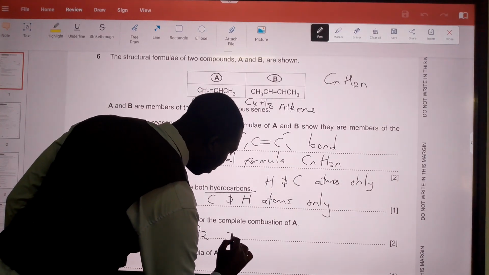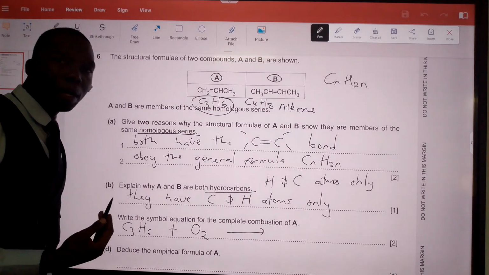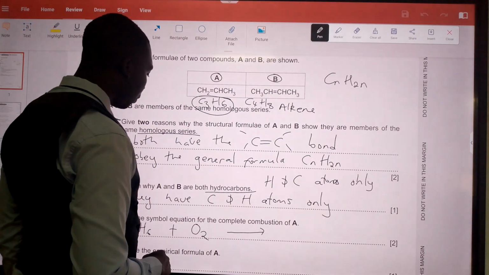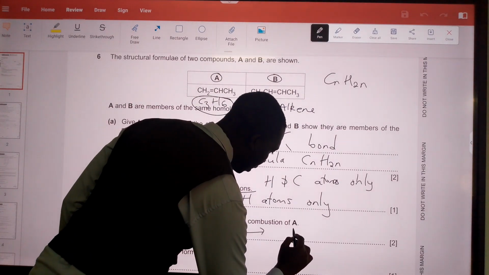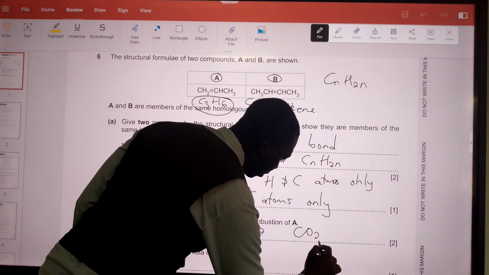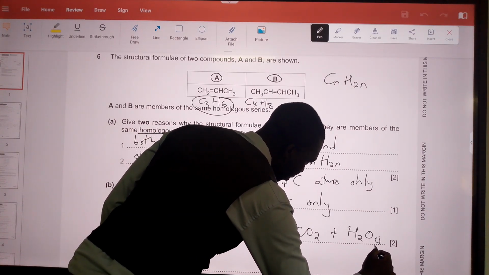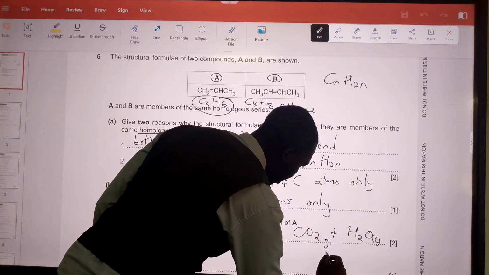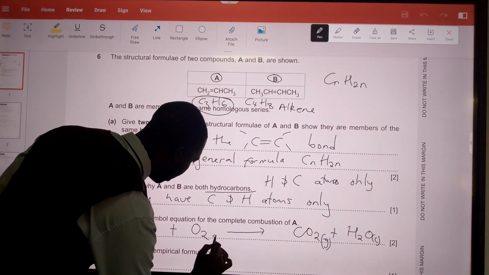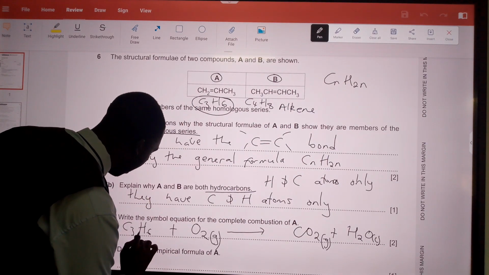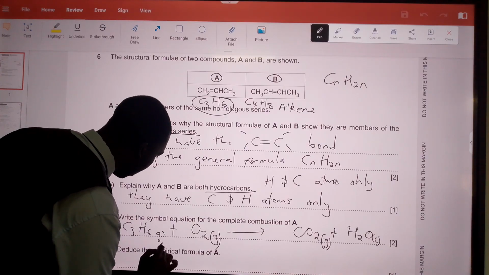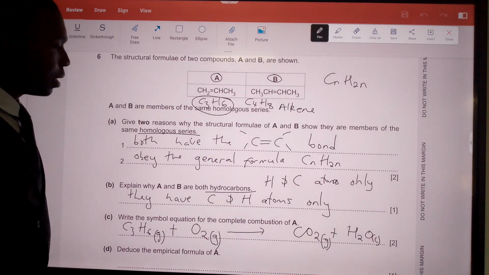The complete combustion of hydrocarbons or any organic compound gives carbon dioxide plus water as the products. So this is liquid, this is gaseous, and this is gas. This is also gaseous. So these are the state symbols.